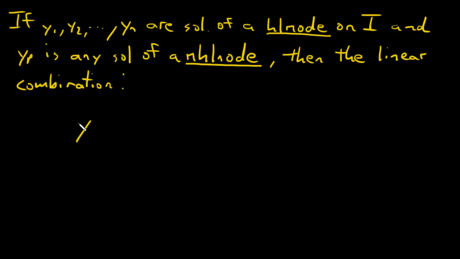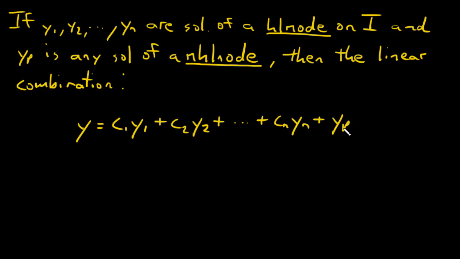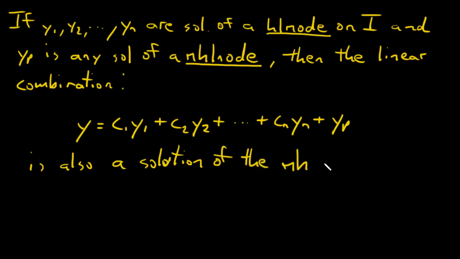Well, it's going to be y equals c1 y1 plus c2 y2 plus dot dot dot cn yn plus y sub p is also a solution of the non-homogeneous equation. Okay?